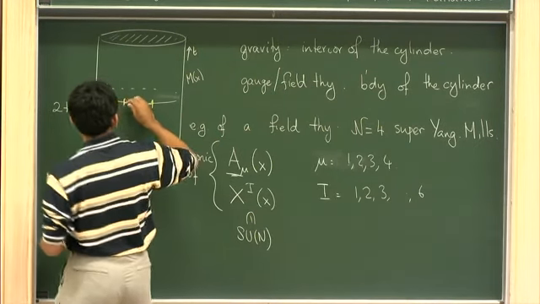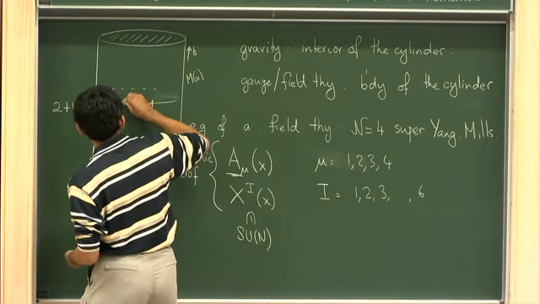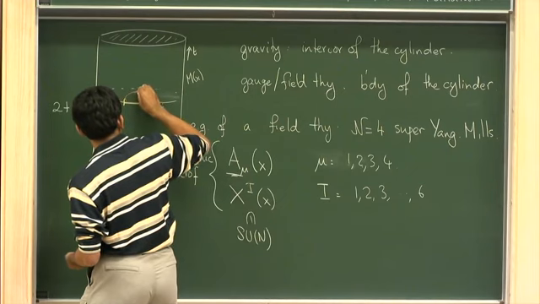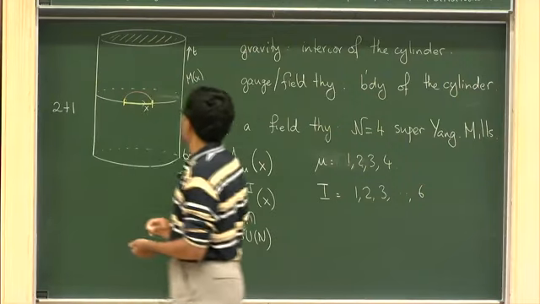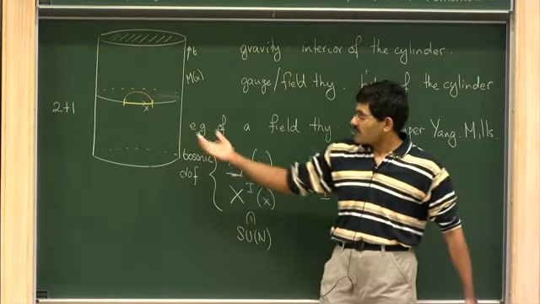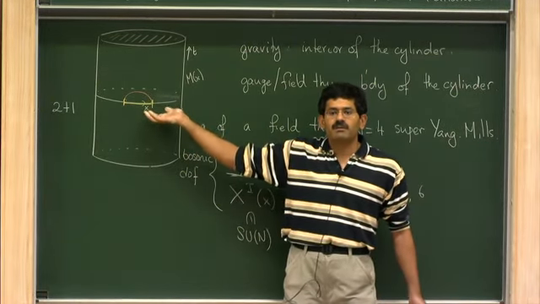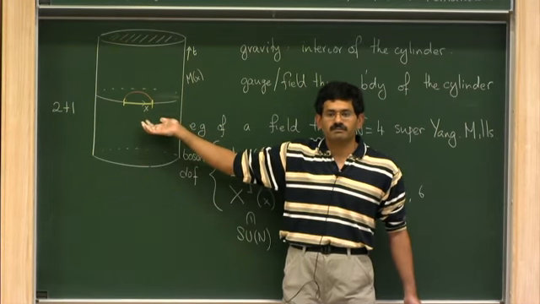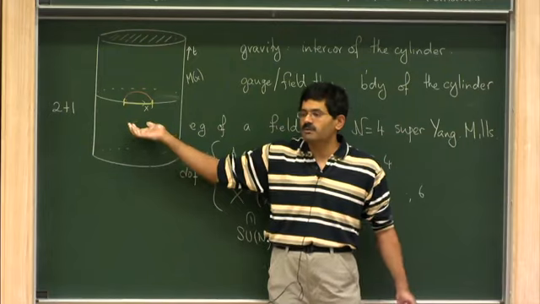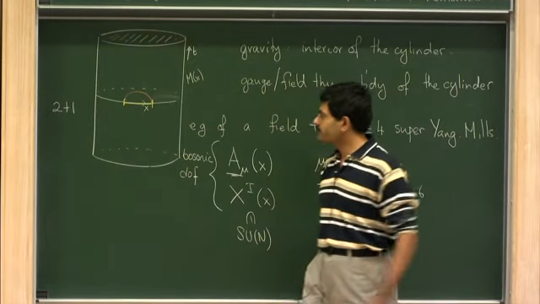And the answer is very simple. You basically solve a very simple problem that I think everybody must have solved, which is to solve the analog of a soap bubble problem in this geometry. A minimal surface problem.